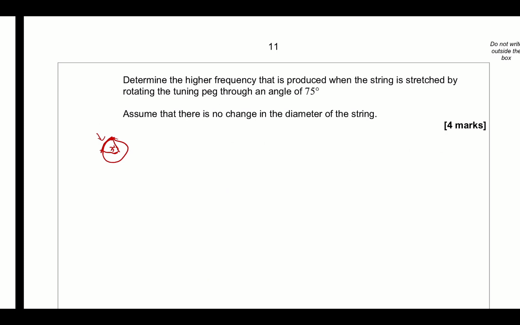So change in extension, I'll write down what I would expect to see. So change in extension is equal to d over 2 times, I'm just going to put my numbers in, 7.02 over 2 times 75 over 360 times 2 pi.